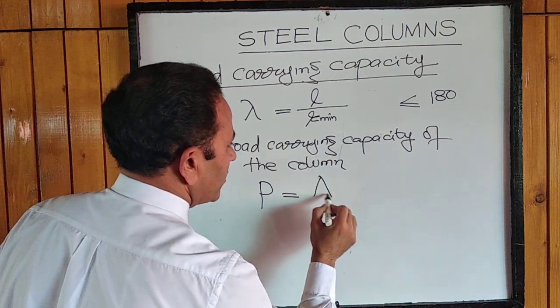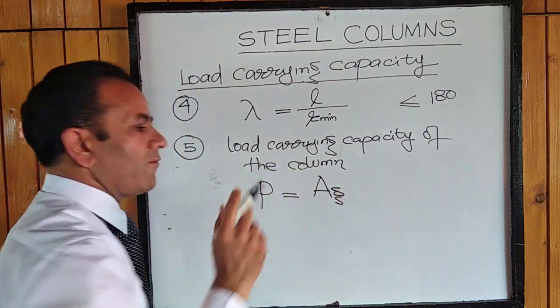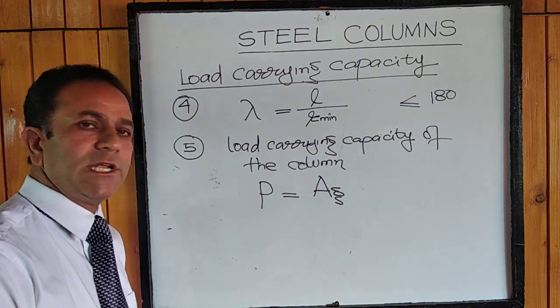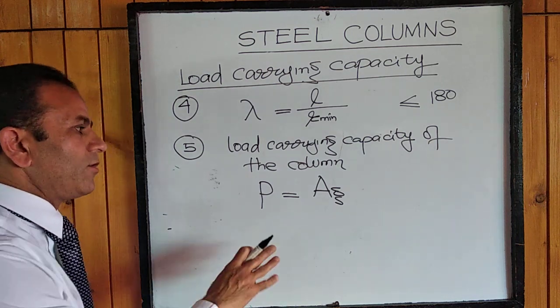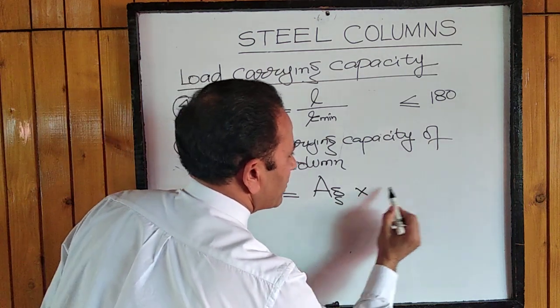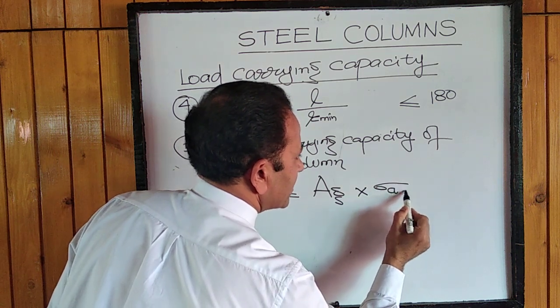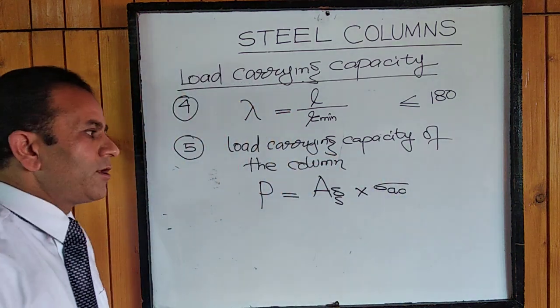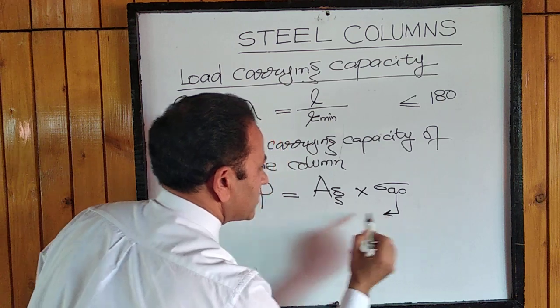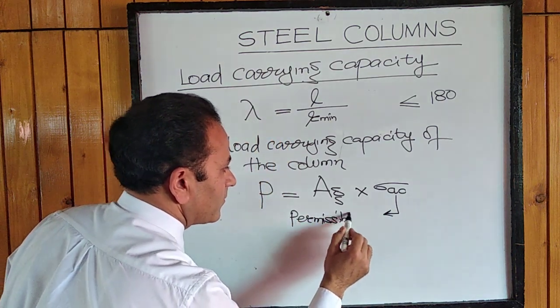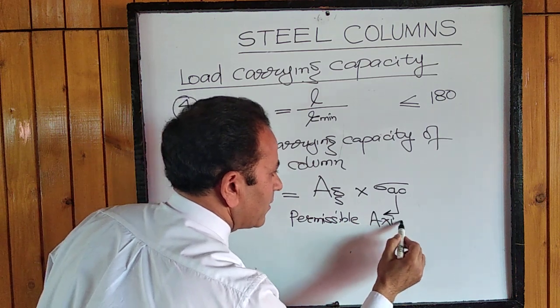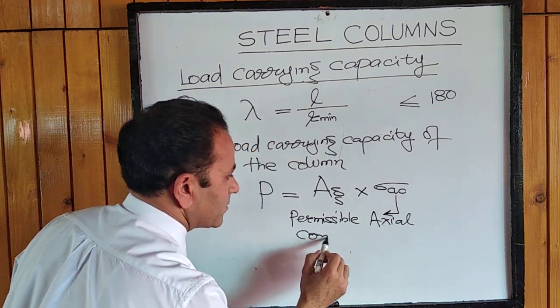So we will have area of the column, that is the gross area we have already had from the steel table, or we have added up the areas of the individual members and ultimately got the gross area, multiplied by the permissible stress in axial compression. So this sigma AC is permissible axial compressive stress.